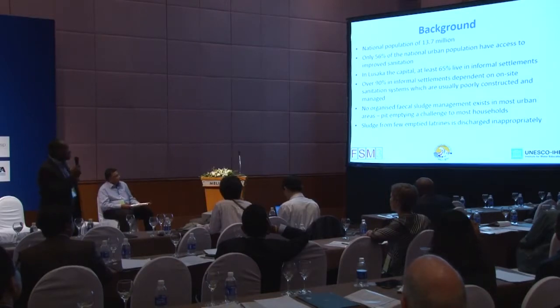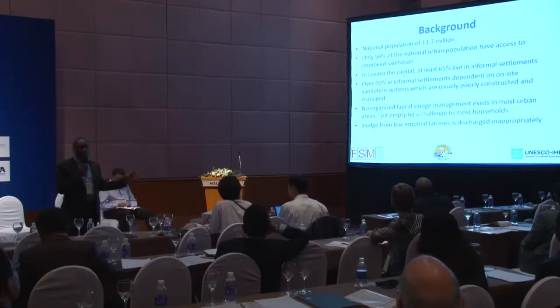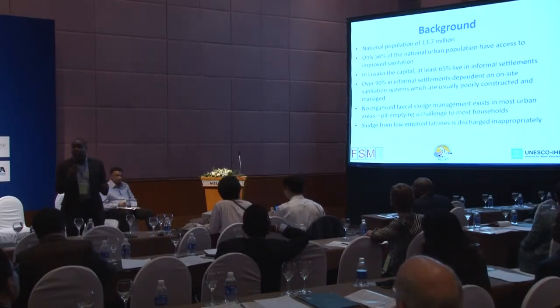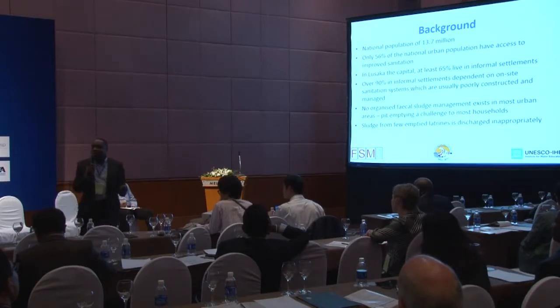So just to give you a quick background, Zambia has a population of 13.7 million, and out of that, only 56% of the urban population has access to improved sanitation facilities. And Lusaka, the city that this initiative focuses on, which is the capital of Zambia, 65% of the people there live in informal settlements.